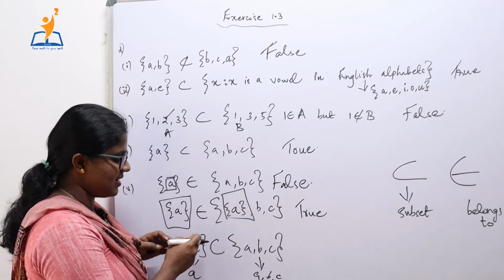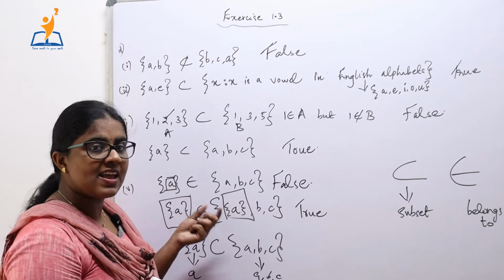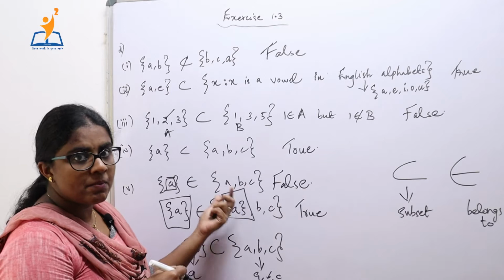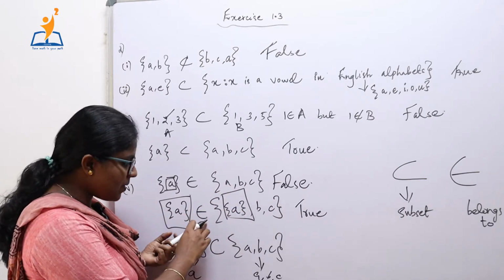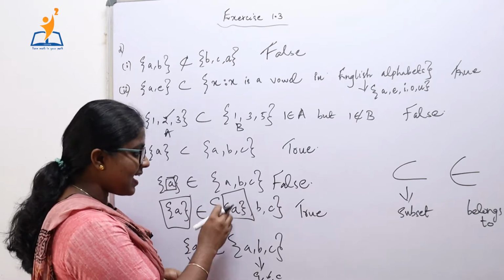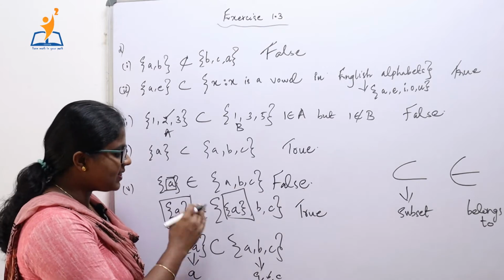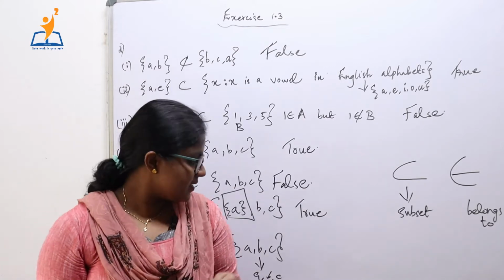Therefore we can say that set A is a subset of set ABC, but we cannot say that set A belongs to set ABC because it is correct only if set A belongs to the set of all elements such that it contains the elements set A, B and C.